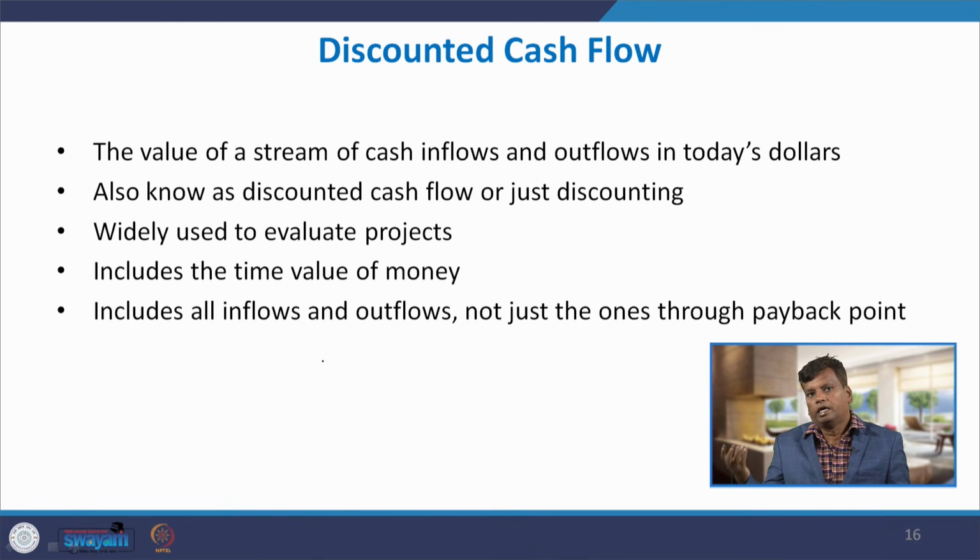Generally cash outflows are written in negative terms, and cash inflows in positive terms. So, what we have to do? We have to see the current value of cash inflows and outflows in today's dollar. That is the meaning of net present value, also known as discounted cash flow or just discounting.